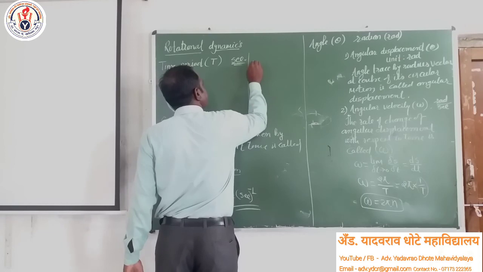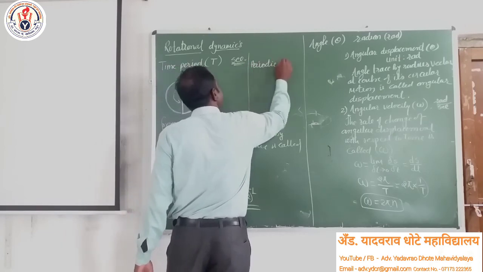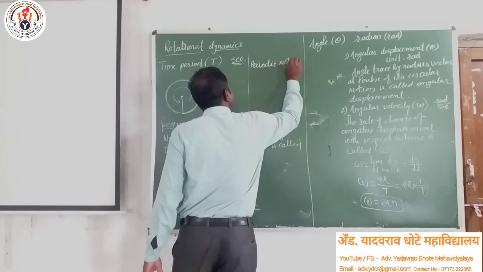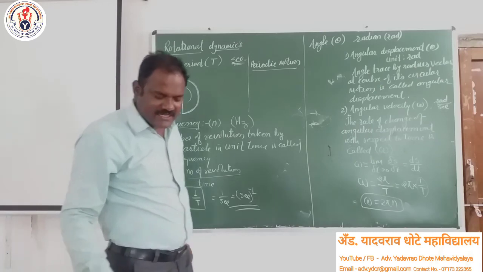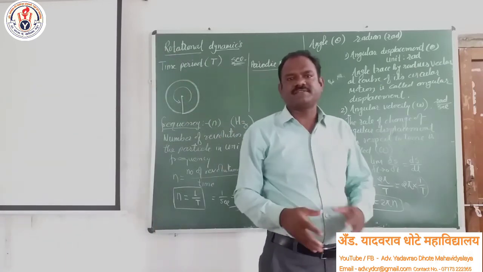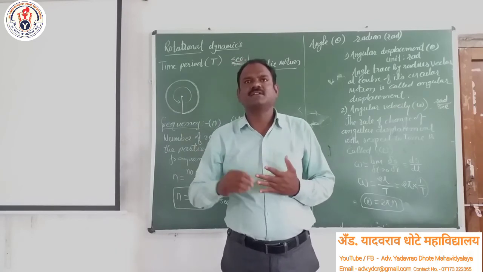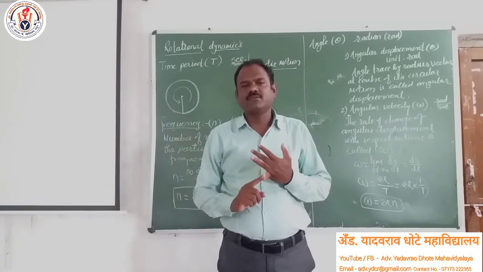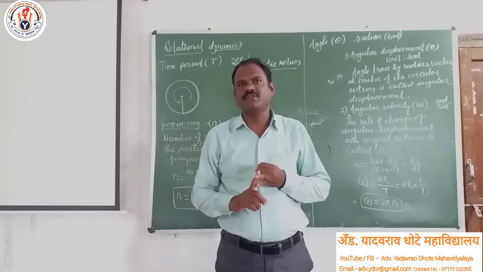The next topic is periodic motion. A particle revolves around the circumference of a circle, so it is performing circular motion. We came across two topics, uniform circular motion and non-uniform circular motion.